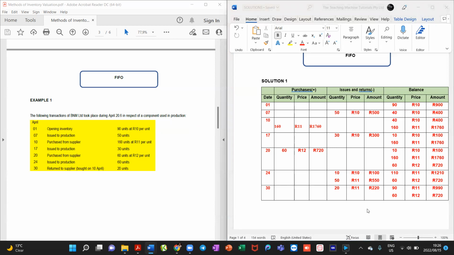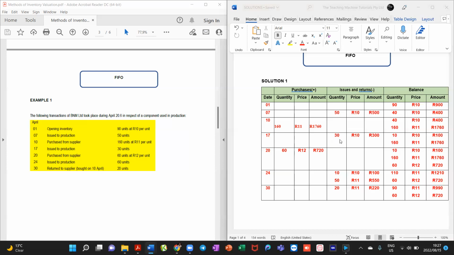So what is it that you need to take note of when the FIFO method is applied? Number one, the original price is maintained. You keep track of the original price. Number two, whenever there's a request from the factory, you look at the old batch, which stock is old. For example, on the 17th, the factory requested 30 units, issued to production 30 units.